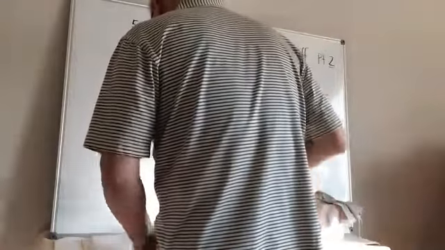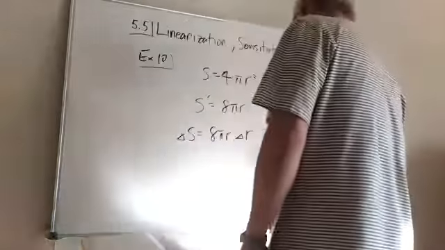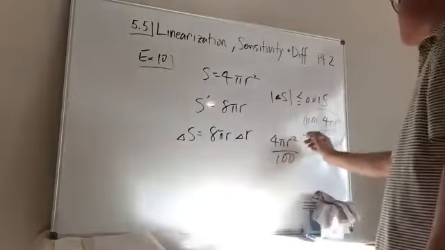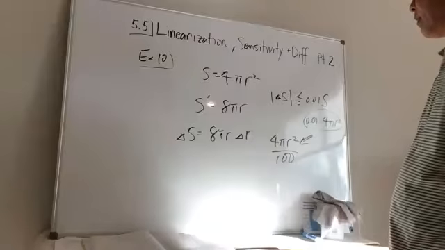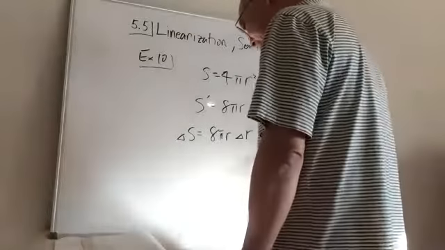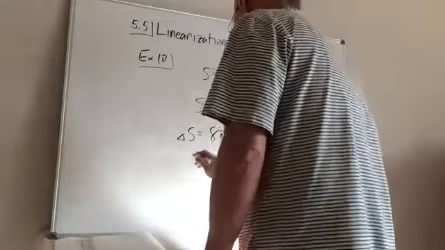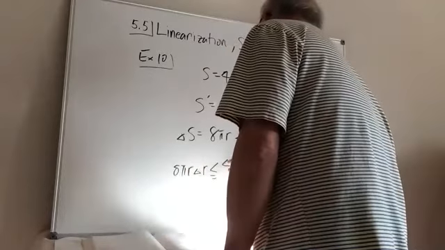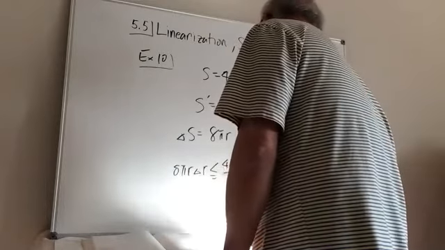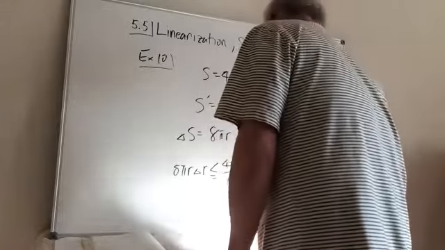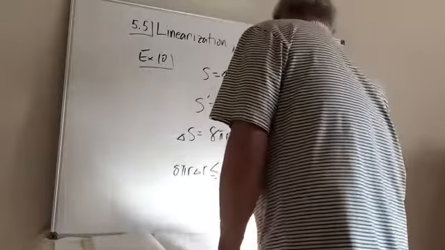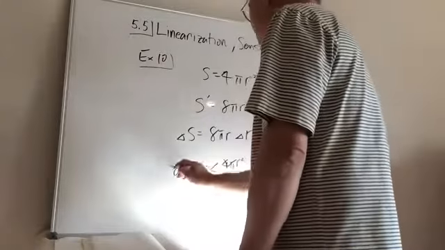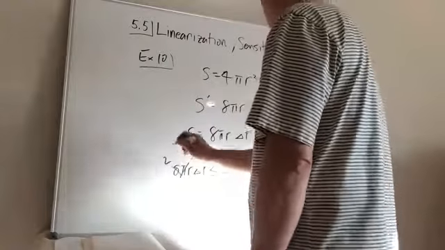So if I do that, this guy here is going to be equal to that guy, so I want this to be less than that. I want 8 pi r delta r to be less than 4 pi r squared over 100. Pi's cancel out, 4 cancels to 2, move the 200 over.